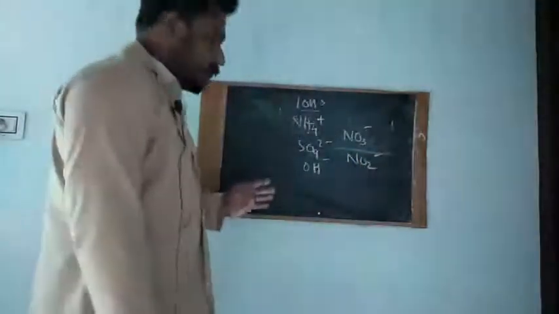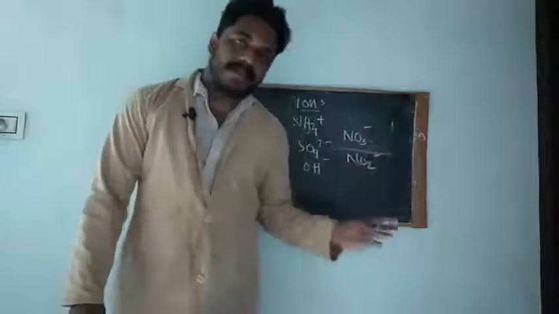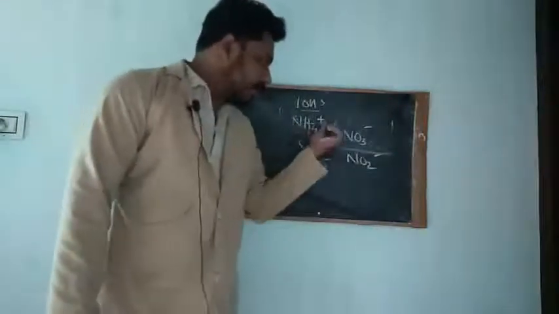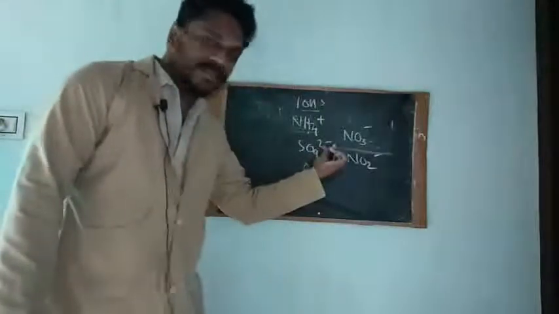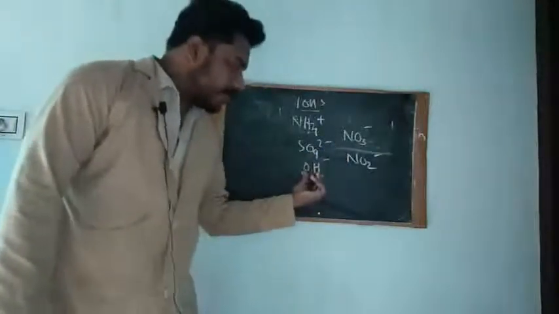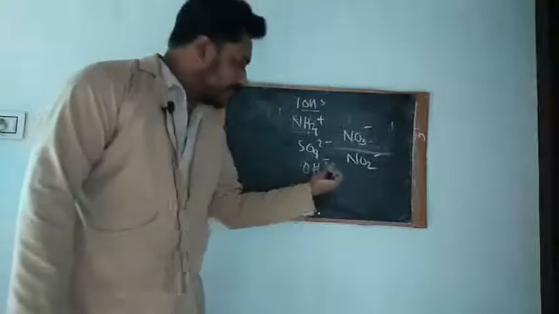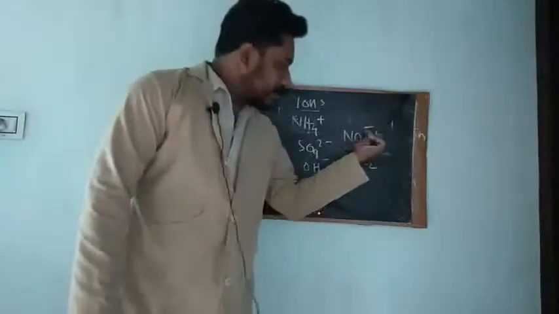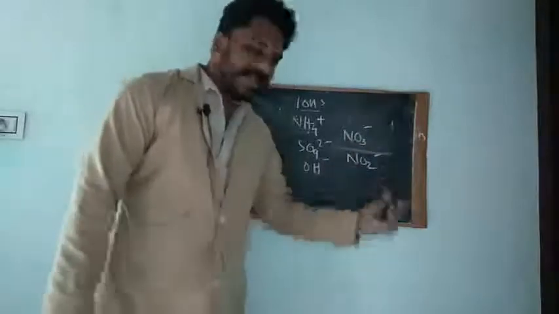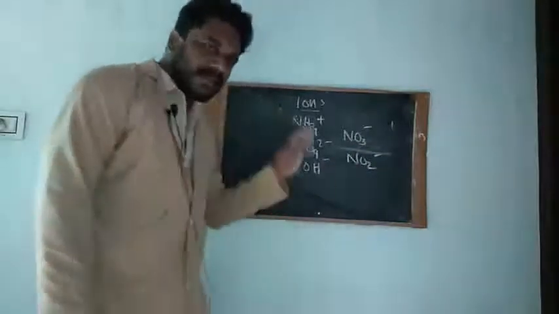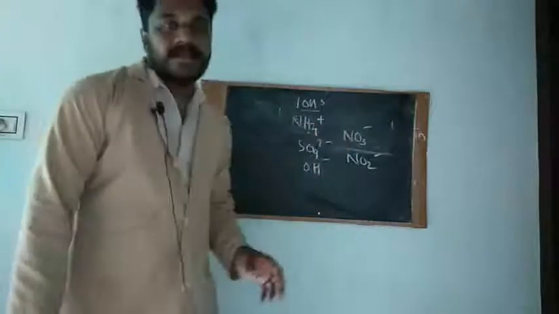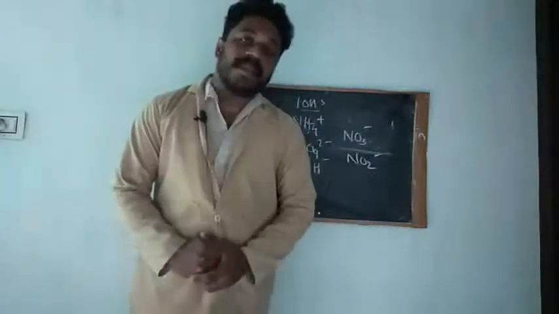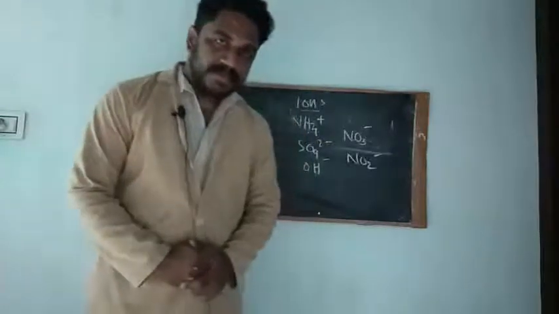All these are called ions because they are also charged. Ammonium is positively charged, SO4 is negatively charged, the hydroxide group is negatively charged, nitrate and nitrite are negatively charged, and these charged molecules are called polyatomic ions.